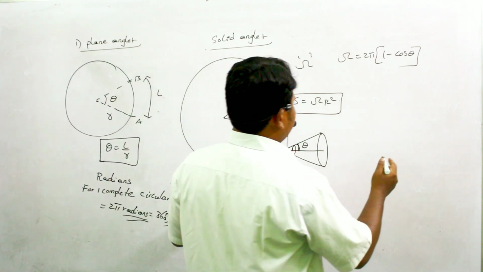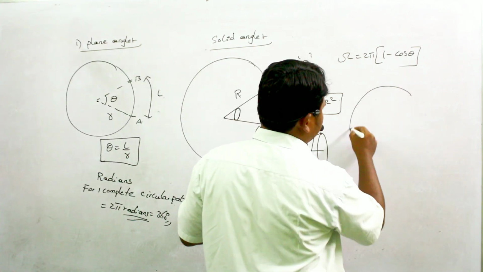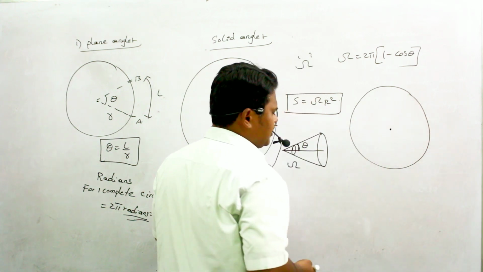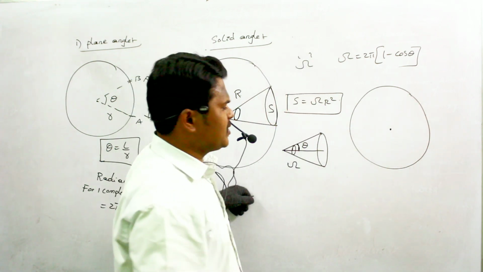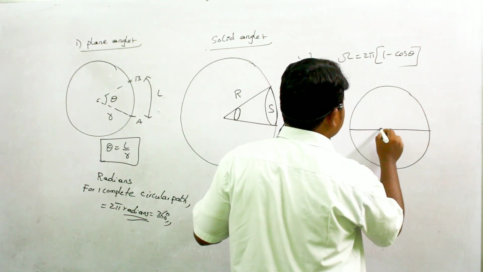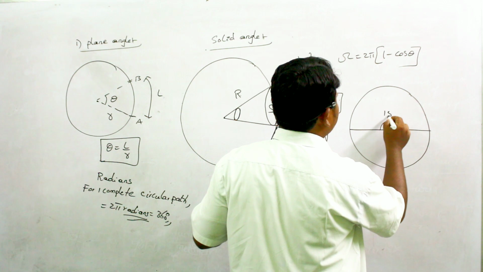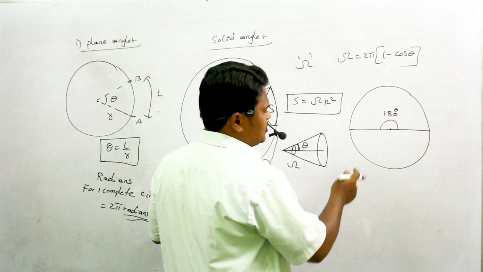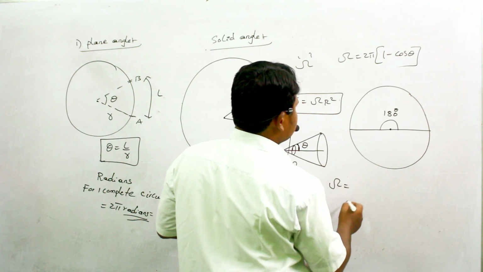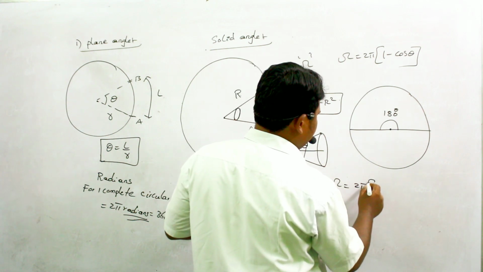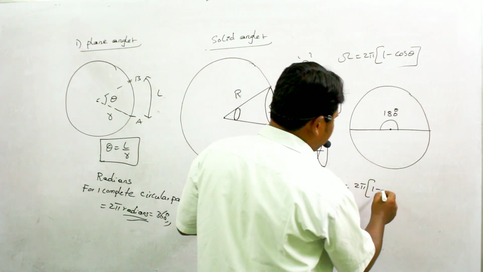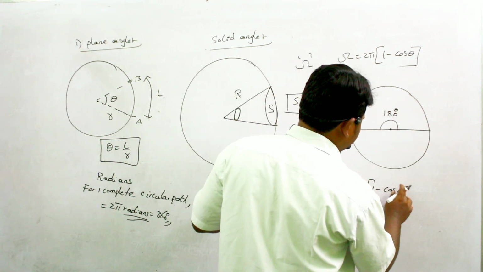Now if you take a complete circle, then at the center of the circle the angle created is 360 degrees. So if the total angle is 360 degrees, then the half angle created will be 180 degrees. If I substitute this 180 degrees here, let us see what happens. Sigma is equal to 2 pi into 1 minus cos 180. Cos 180 value is minus 1.